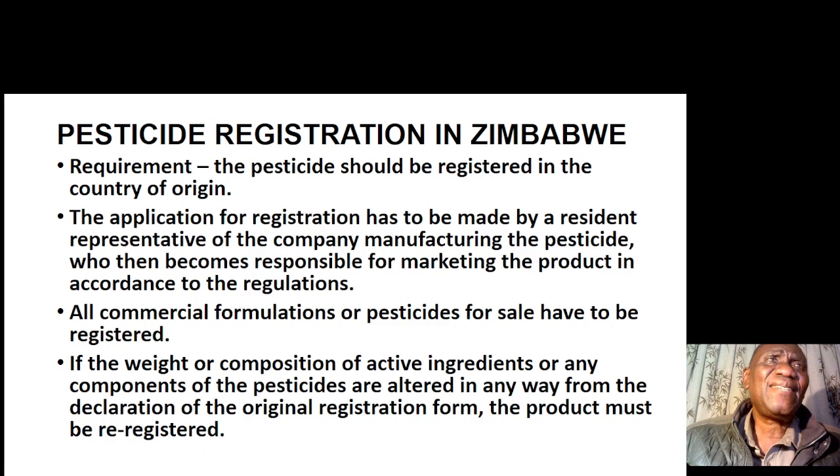The application for registration has to be made by someone residing in Zimbabwe who is a representative of the company manufacturing the pesticide, who then becomes responsible for marketing the product in accordance with the regulations.